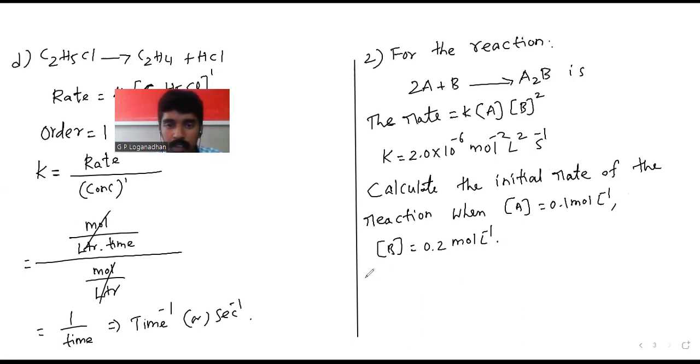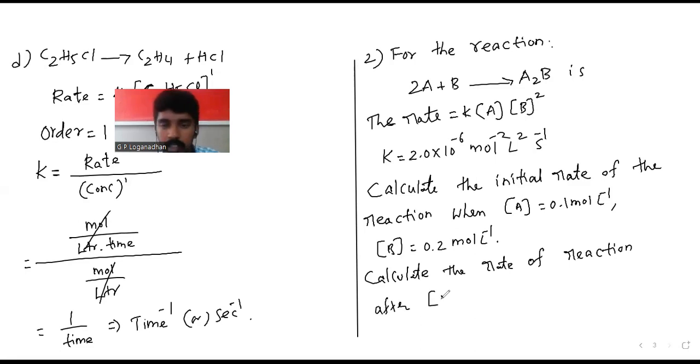Next, calculate the rate of reaction when concentration of A is reduced to 0.06 mole liter inverse.